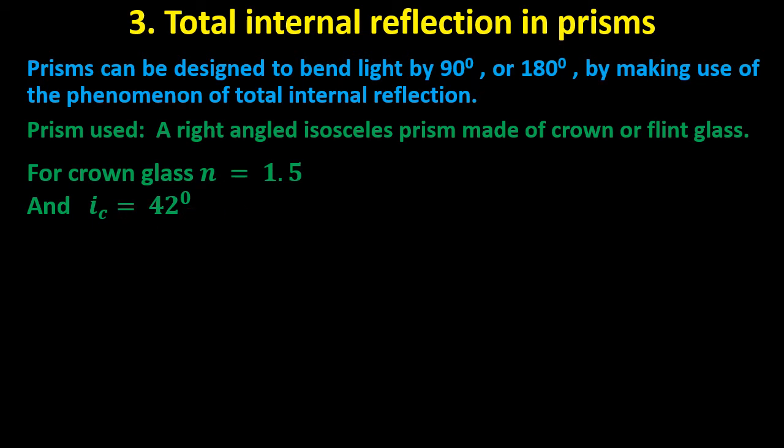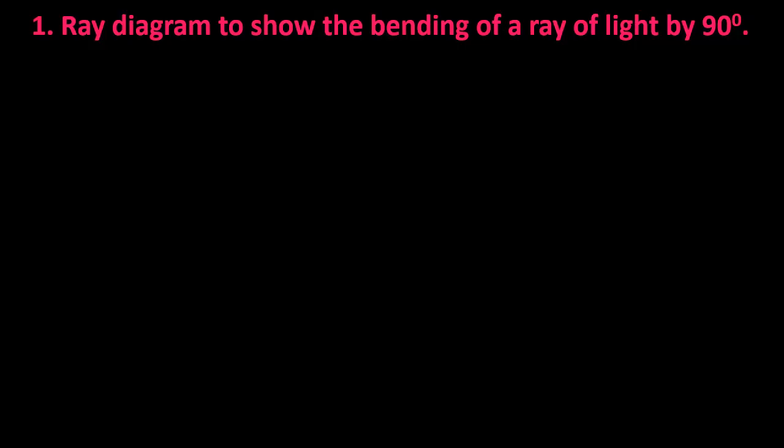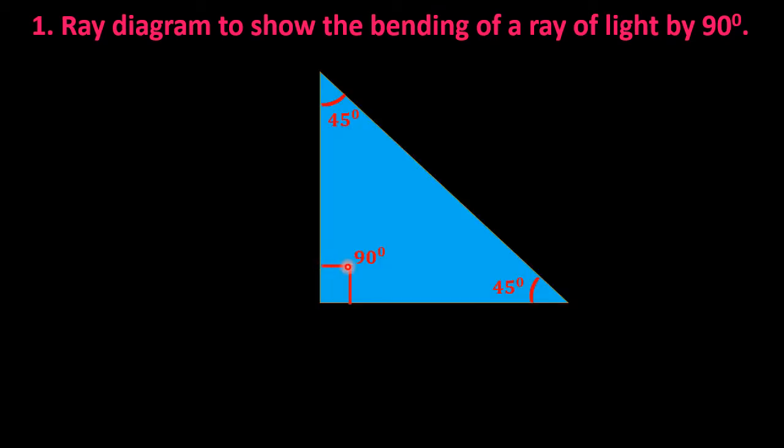Now let us see how we can bend the light by 90 degrees or 180 degrees. At first, let us discuss how to bend the ray of light by 90 degrees. Here is the 90 degree angle, and the remaining two angles are equal, 45 degrees each. In front of this prism we consider an object, AB.